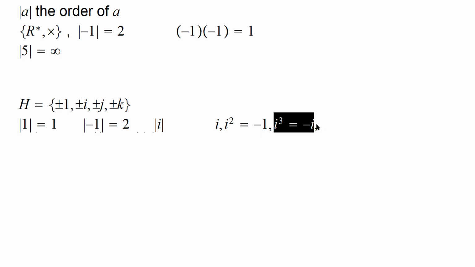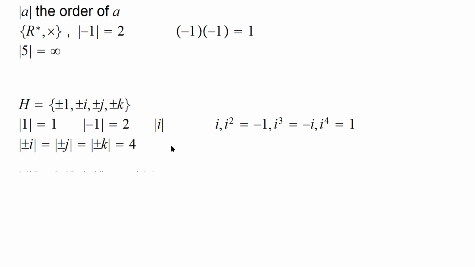So every element other than 1 and -1 has order 4, including I as well as -I. Also, every proper subgroup of this Hamiltonian group is a cyclic subgroup: examine all the subgroups and each one is generated by a single element, other than the group H itself.